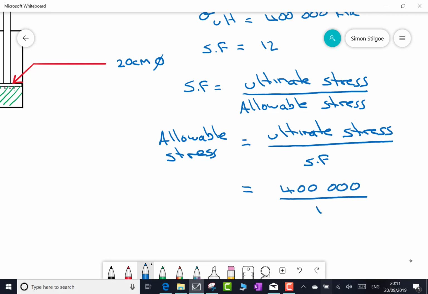We can now divide that by the safety factor that was also given in the question. That's now going to come down to 33,333.333 kilopascals. Now that value that we've just got is the actual allowable stress on the piston rod.